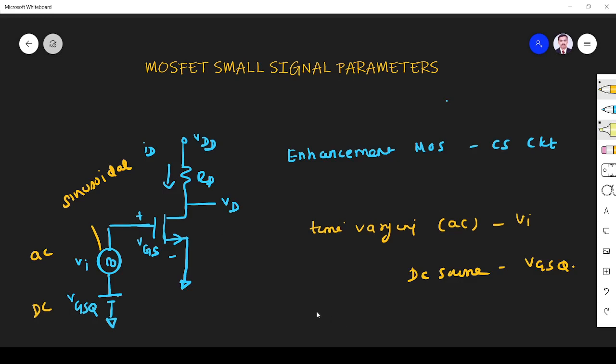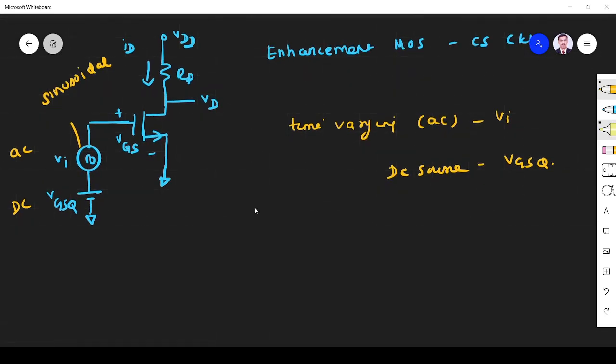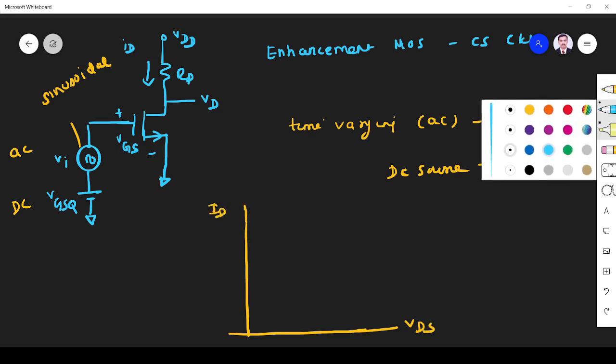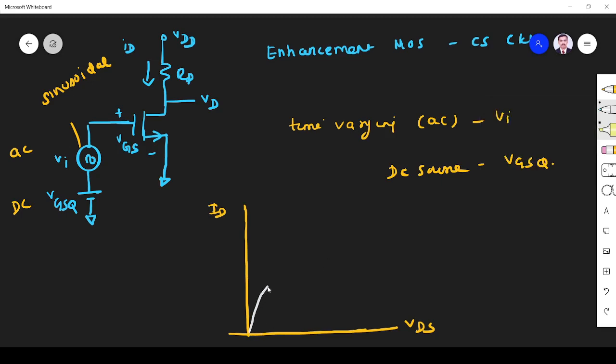For that, the characteristics are given by VDS on the x-axis, the drain characteristics, and ID. Let me draw this. The characteristics will be like this.